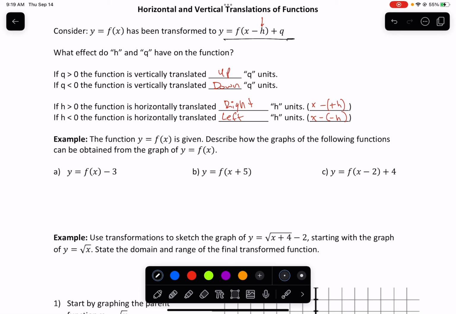So what is that? Identify the component of the function notation, Bryce. The vertical translation. That's Q, right? It's on the outside. So we're moving down. We're taking the original graph and vertically translating it down 3 units. It's not on the inside of the brackets. It's not horizontal. It's Q. So we're vertically translating.